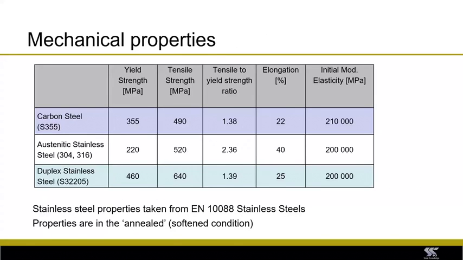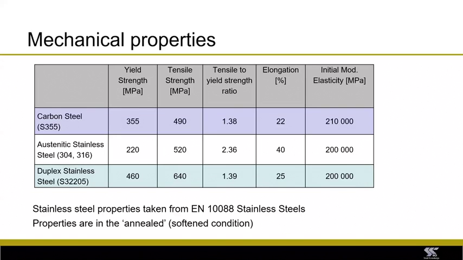On this slide, I've summarized the mechanical properties. So for carbon steel, I'm comparing against an S355 carbon steel. Austenitic stainless steels, you'll see, have a lower yield strength, 0.2% proof strength, and the duplexes have a somewhat higher yield strength.